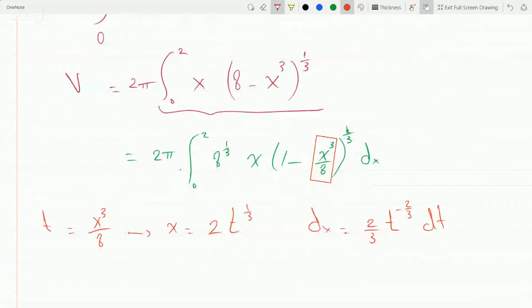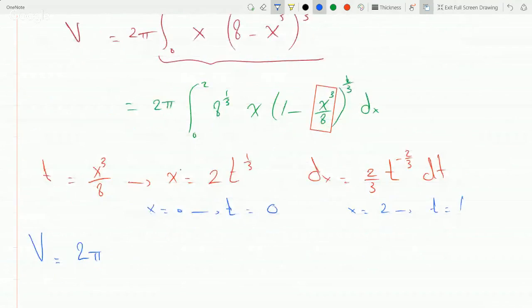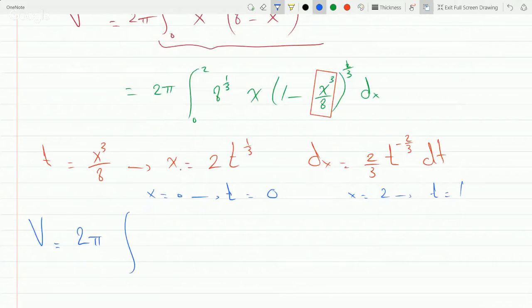And now plug it in. So V becomes 2 pi. Now let's switch the bounds. If x is 0, you get t to be 0. And if x is 2, you get t to be 1. So this becomes the integral from 0 to 1, 8 to the 1/3. 8 to the 1/3 is just a 2, so this becomes 2 squared.